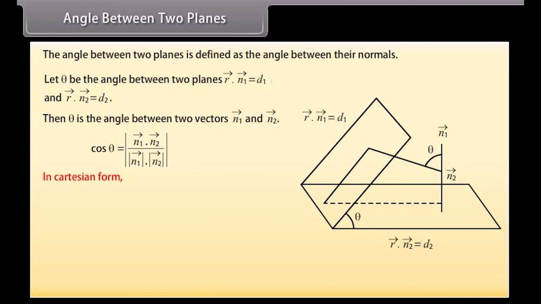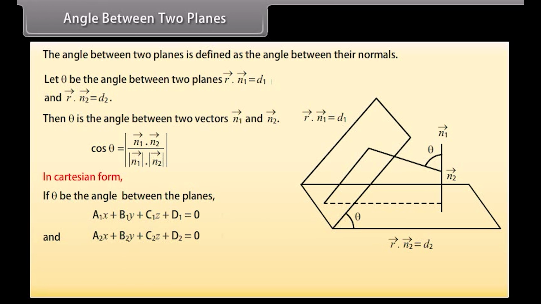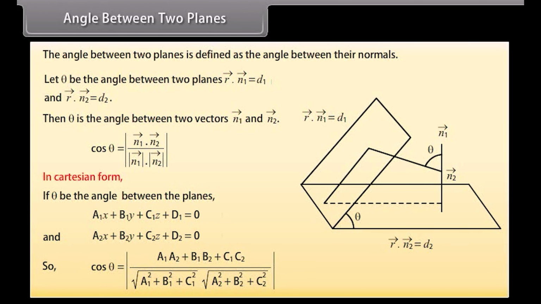In Cartesian form, if theta is the angle between two planes, a1x plus b1y plus c1z plus d1 equals 0 and a2x plus b2y plus c2z plus d2 equals 0, so cos theta equals modulus of a1a2 plus b1b2 plus c1c2 divided by square root of a1 square plus b1 square plus c1 square into square root of a2 square plus b2 square plus c2 square.